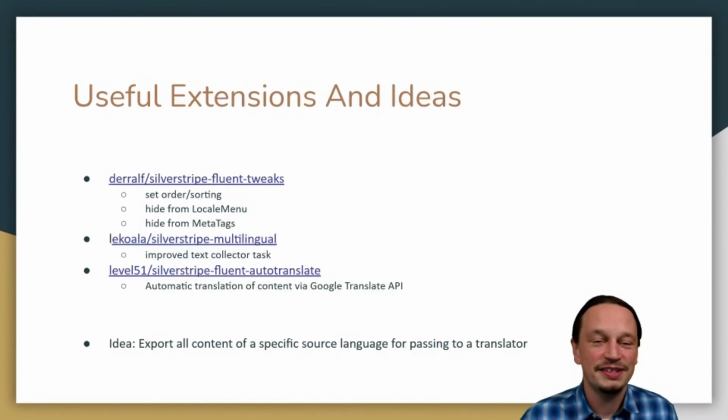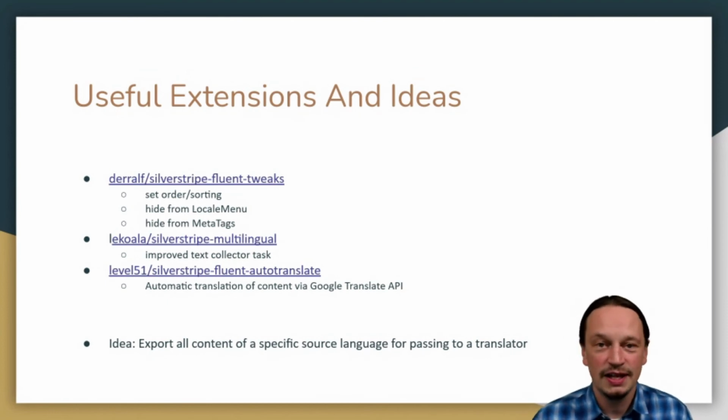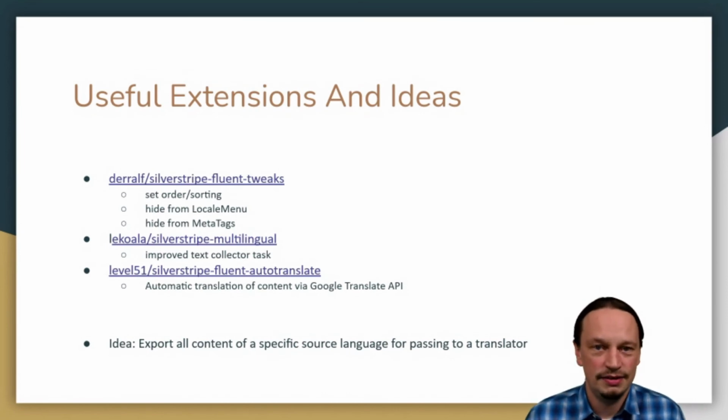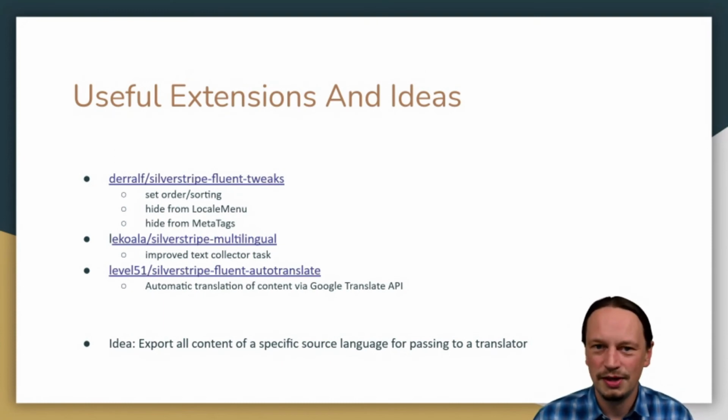And one thing before we stop: useful extensions and ideas. So when I made my last project, I had a big language menu, and I wondered why can't I just move the languages around? I don't want them in the order from the database. I want to sort them myself. And then I found this neat module. It's from Der Ralf.